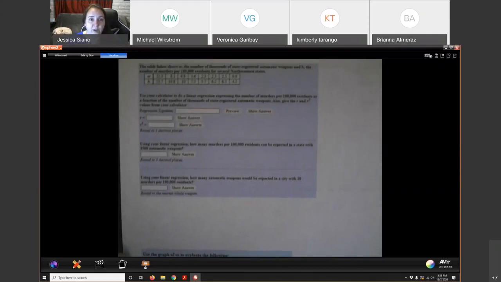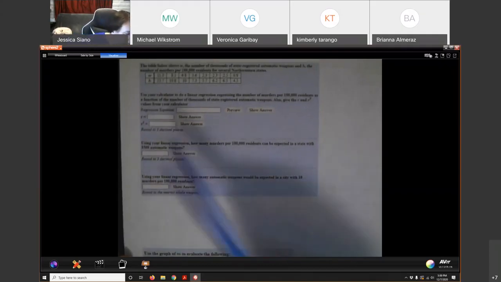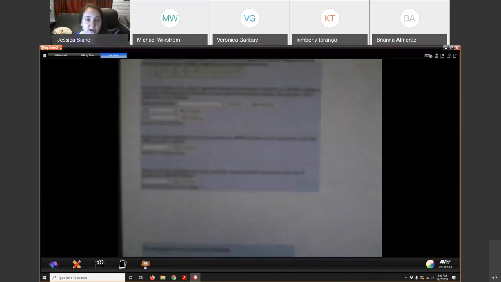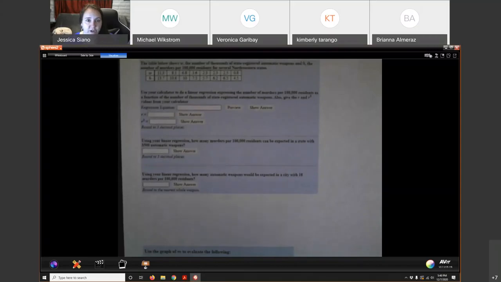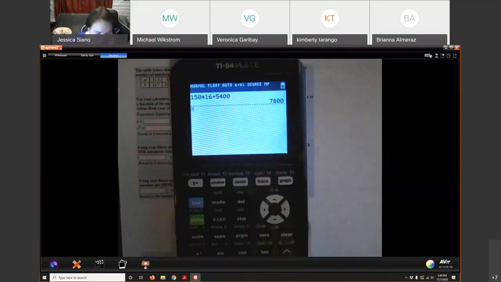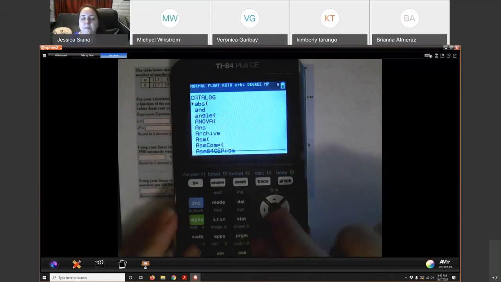All right. A quick note, this is asking you for your R and your R squared value. If you've gotten this far and your calculator is still not showing you R and R squared, then in order to turn on R and R squared, I know I said this the day that we did this, but that was a long time ago. You press second and then 0 to get to catalog, second 0, and then you scroll down.